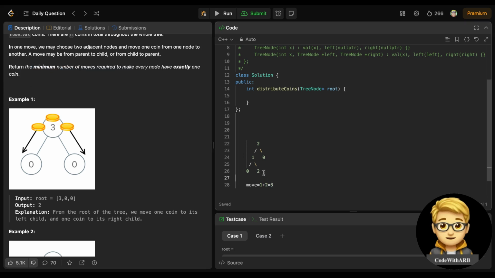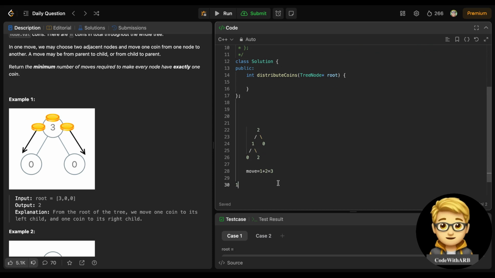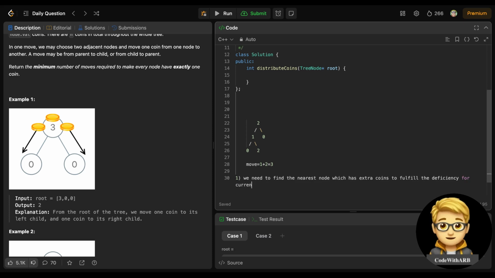So the first thing is clear: we need the nearest source of coins, the nearest node which has extra coins, to fulfill the deficiency for the current node, right? Okay.